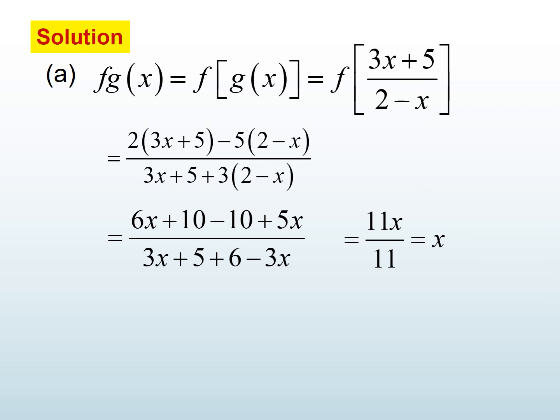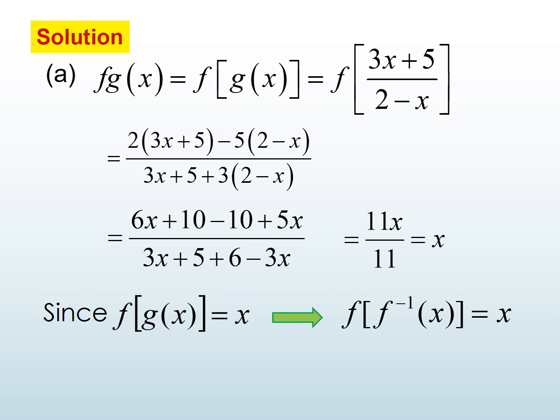So f(g(x)) equals x. Since f(g(x)) equals x, it is similar to the property f(f inverse(x)) equals x. So we can deduce f inverse is equal to g(x), which is 3x plus 5 over 2 minus x.